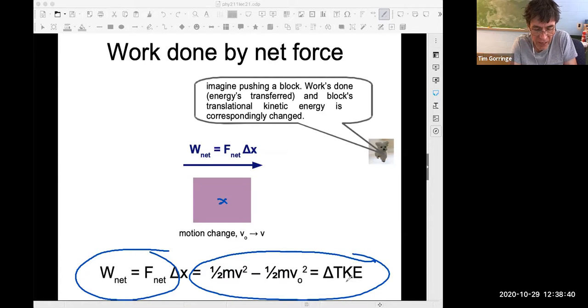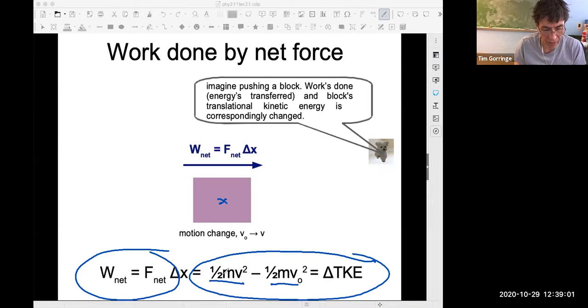And then on the right-hand side, this is the changing kinetic energy of the block. That changing kinetic energy is the difference between the final kinetic energy and the initial kinetic energy. And here are the equations for kinetic energies in terms of the mass and the speed of the block. It's 1/2 mv squared.